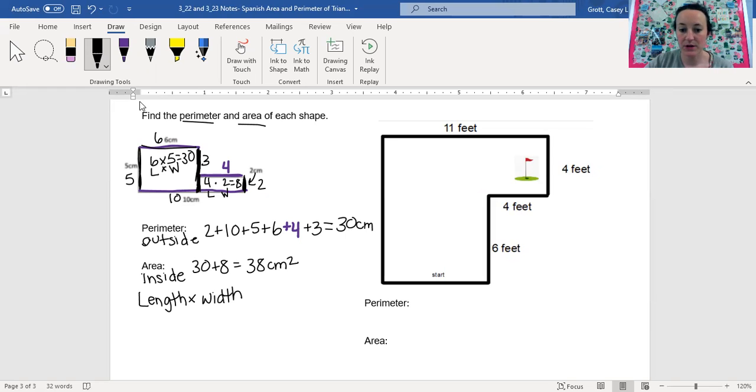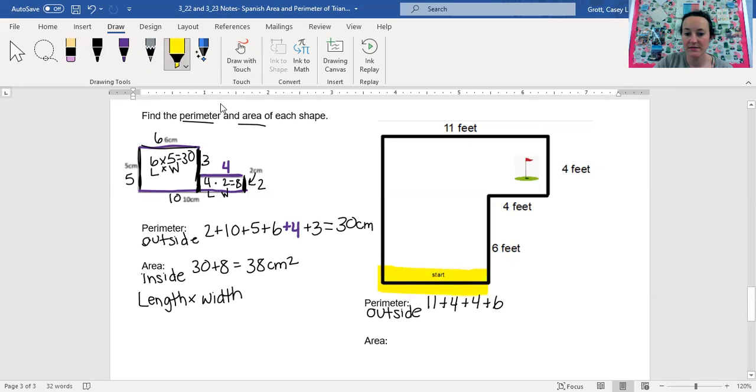Again, perimeter. This is going to be the outside. So on the outside, I have 11 plus 4 plus 4 plus 6. But we also have this length on the outside. So what does this length end up being? It's going horizontal.